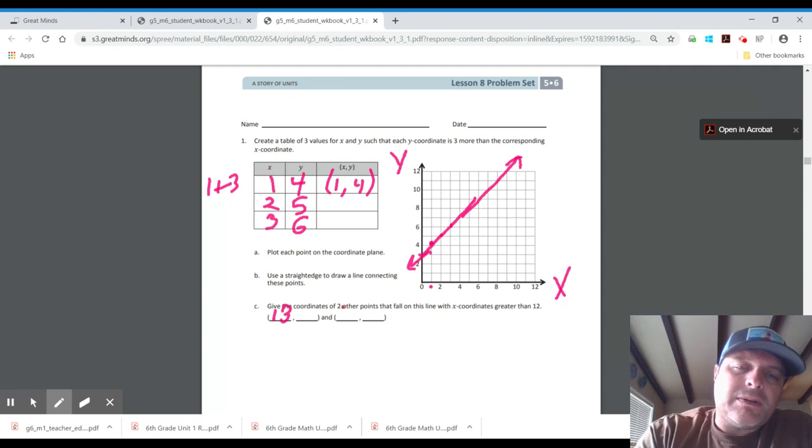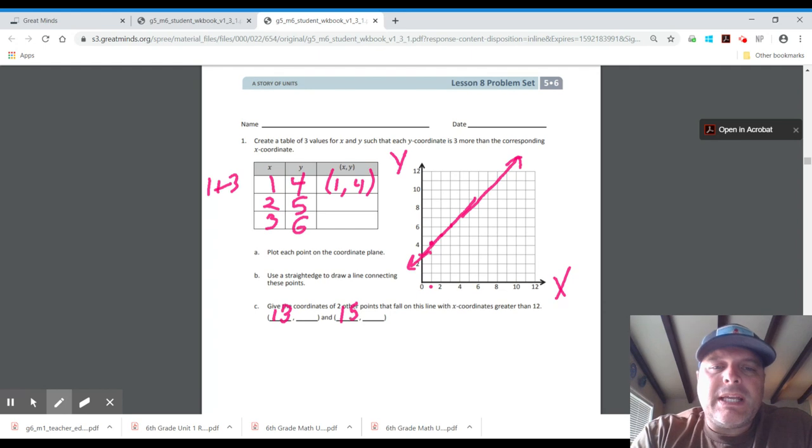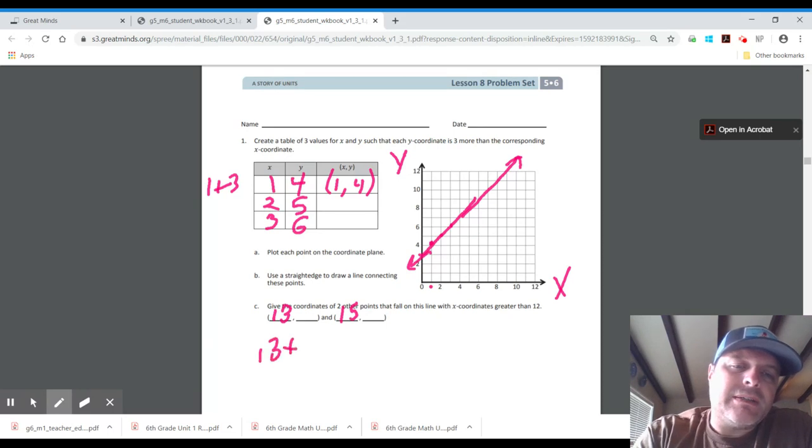And let's pick over here, let's do 15. Why not? And for every x coordinate, the y would be 3 more. So we're going to just have to add 3. So it's going to be 13 plus 3, and that's going to give us y. Okay, so that's 16. And then you're going to do 15 plus 3 for the next one. And that's going to give us the y, which is 18.